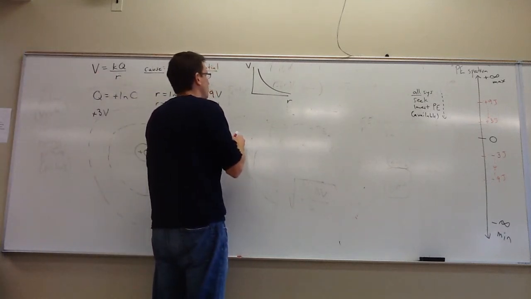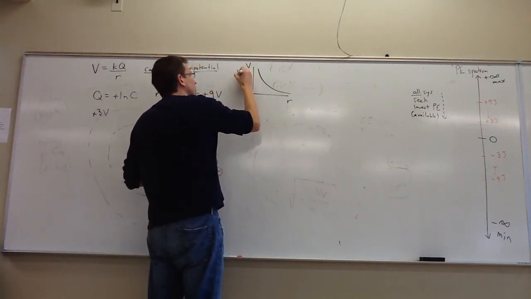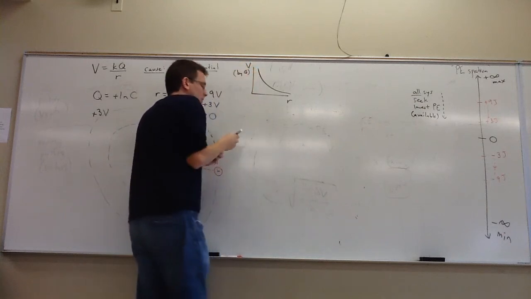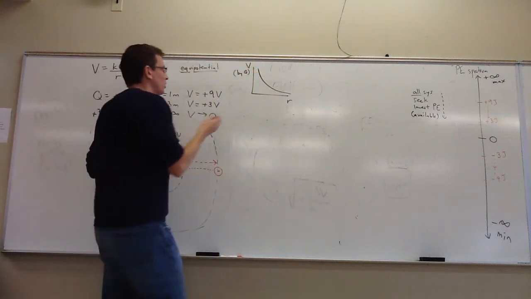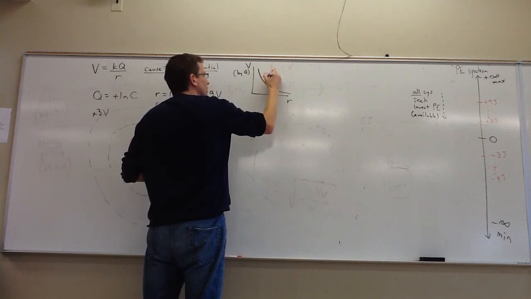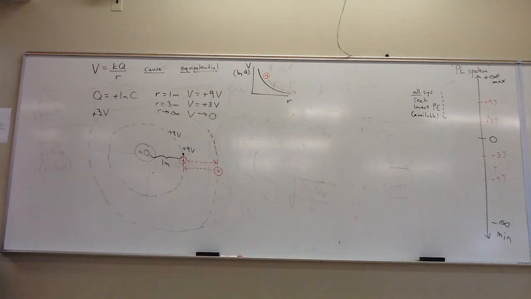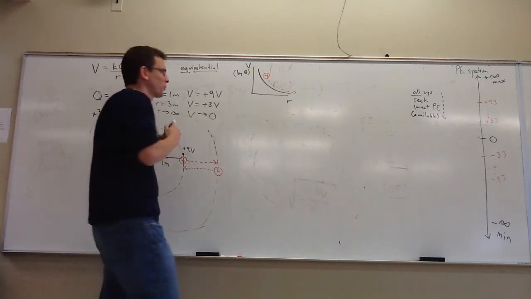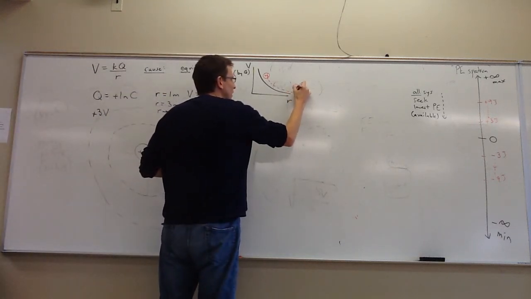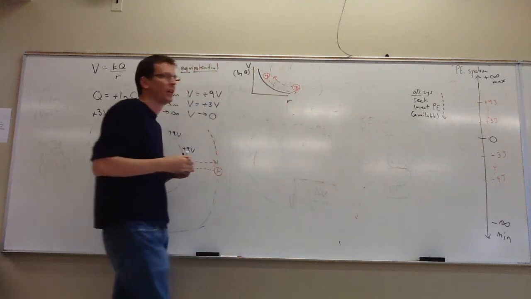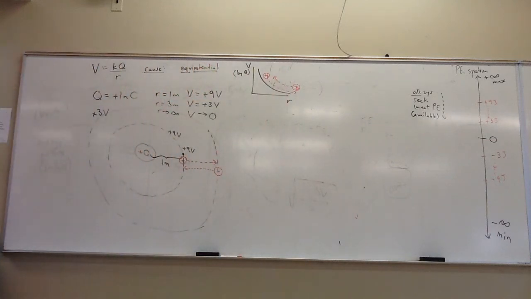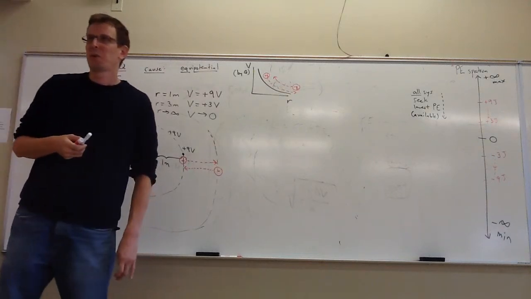So if this is the voltage created by big Q, then I like to think of positive charges as rolling off of it, because positive charges, positive little q, seek lower voltage, right? Of course, we don't have roller coasters like this, but there are such things as negative charges which seek higher voltage. So they would kind of roll up the voltage hill, okay? So that's one way to represent this.